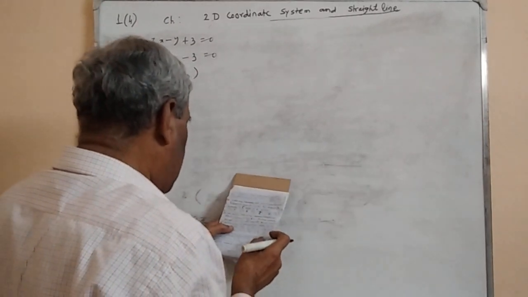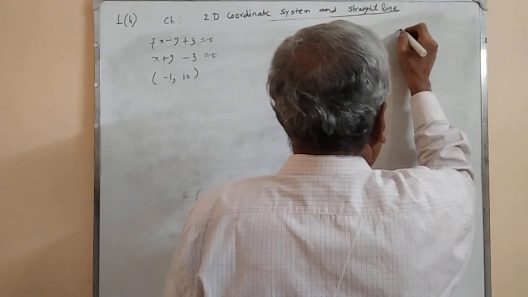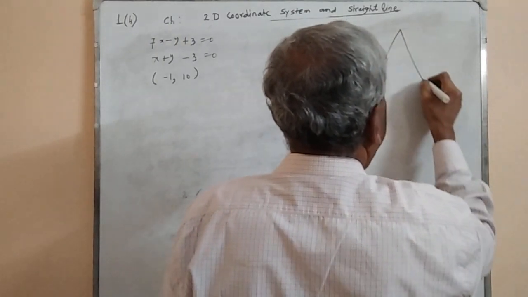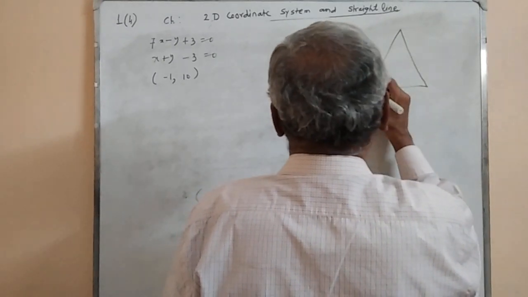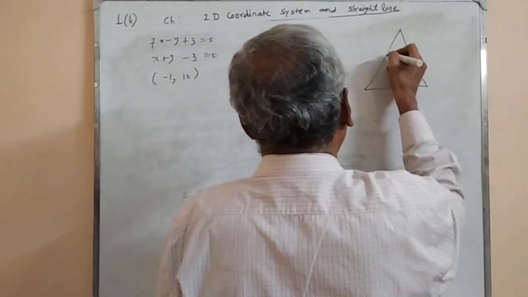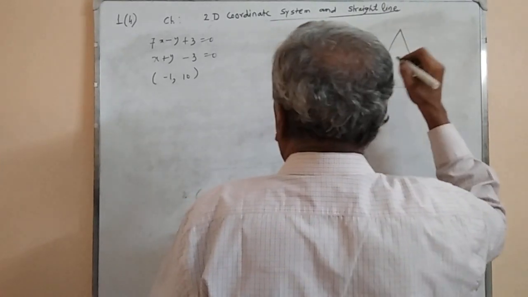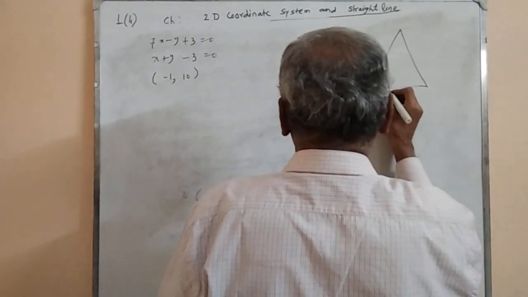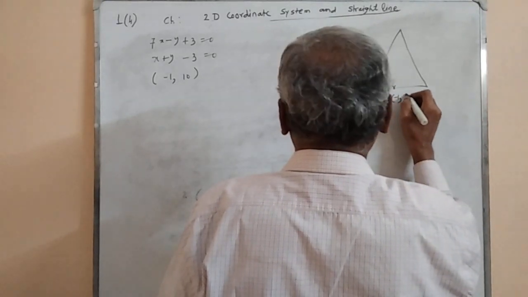Find possible equation of base. So the problem is that this is an isosceles triangle. This angle is equal to that angle, and that side is equal to that side. Suppose this is the base, it passes through the point minus 1 and 10.